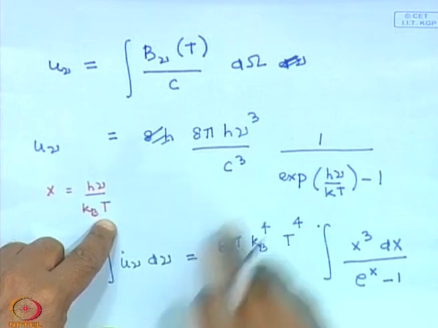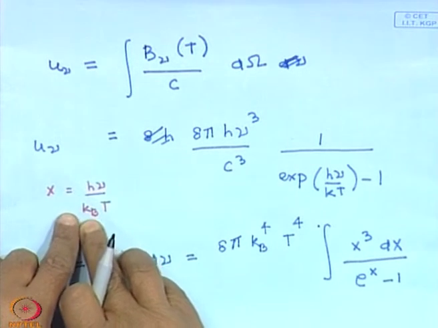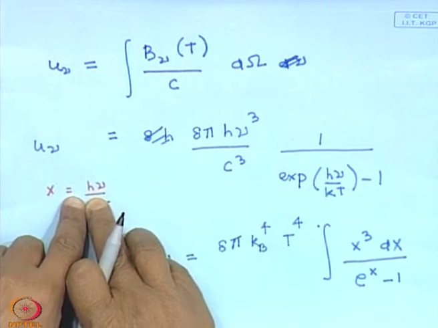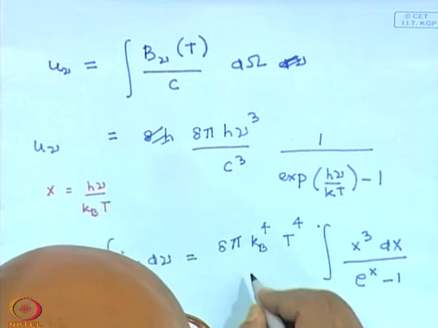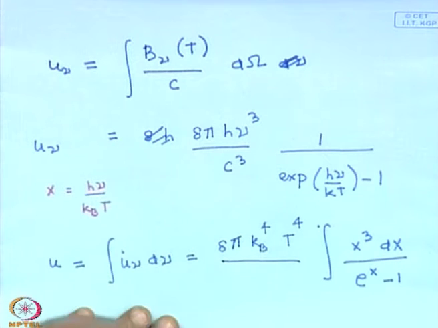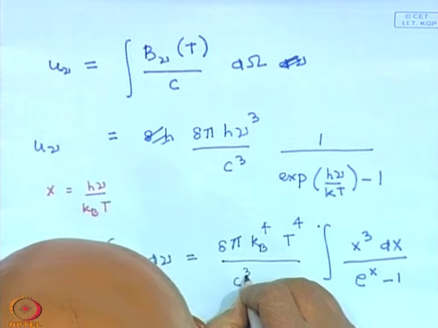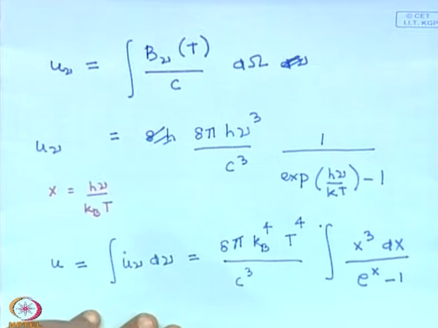So, I want to convert them into x. So, I will have this factor, I have to multiply this with kB T by h to the power 4. So, I have this, and in the denominator I will have c cube and I will have h to the power of 3.